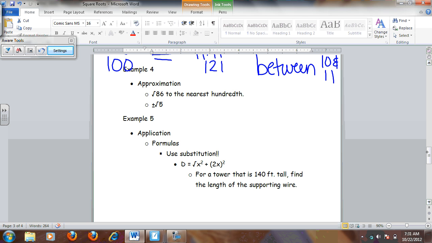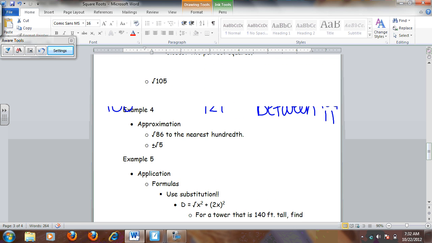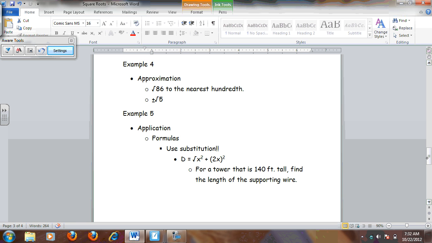Approximations. Let's approximate the square root of 86 to the nearest hundredth. Okay, get your calculator out again. Let's type in our calculator the square root of 86.